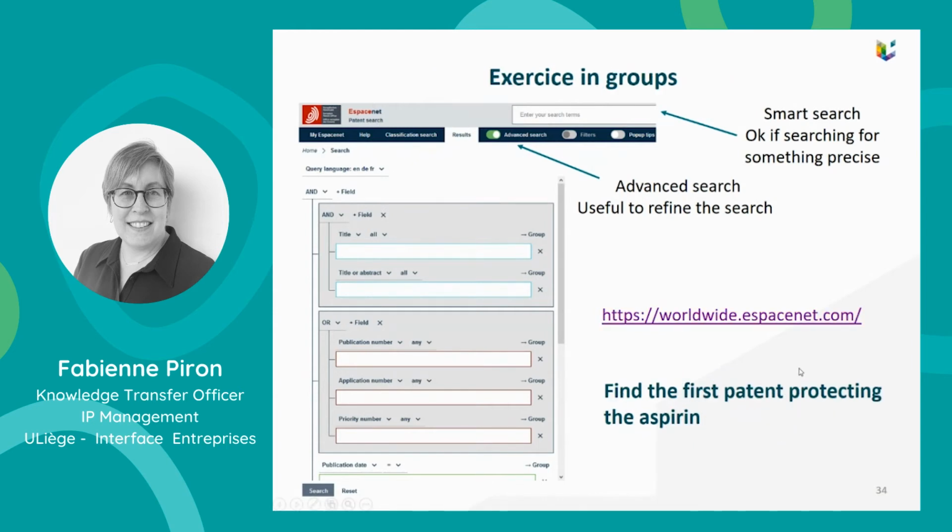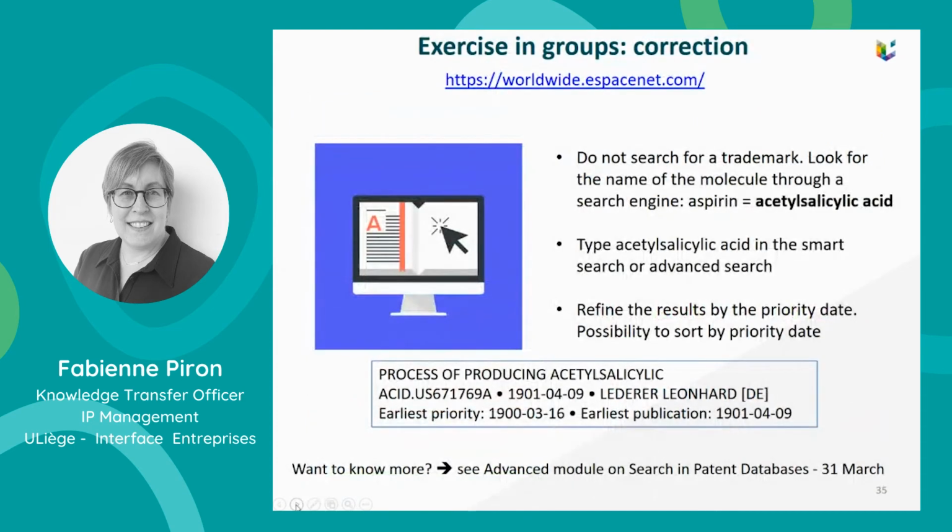I have a PowerPoint explaining the correction of this exercise. So, in resume, do not search for trademark. Look for the name of the chemical molecule through the search engine. Aspirin is acetyl salicylic acid.